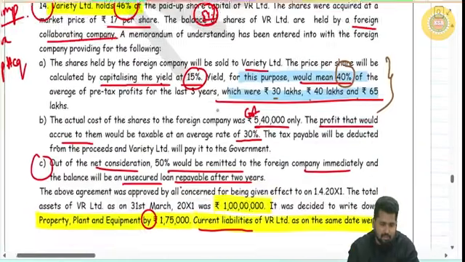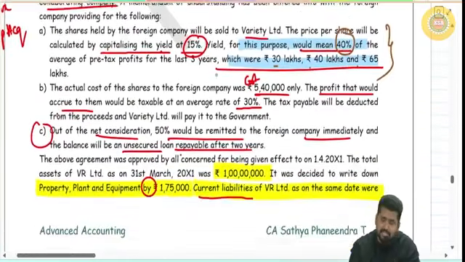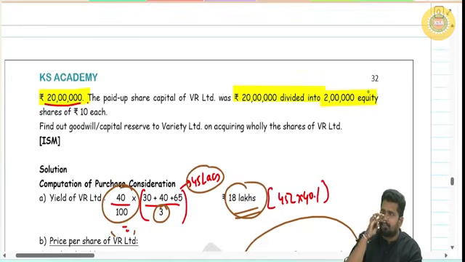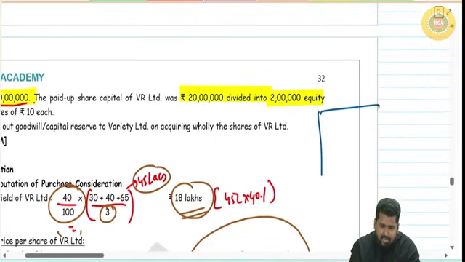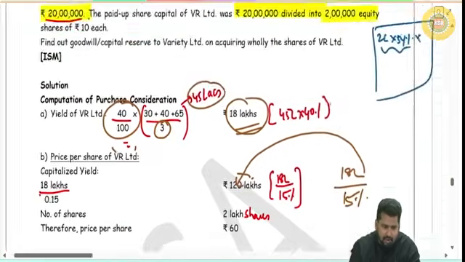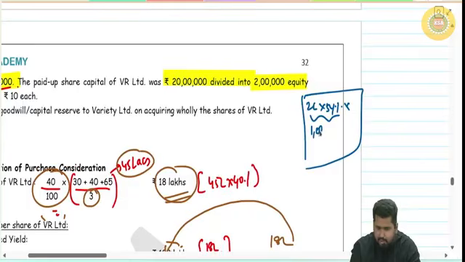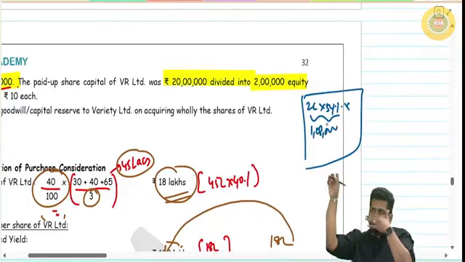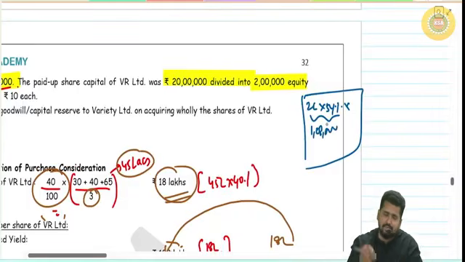We have to get how much percentage? 54 percent now, correct? For that 54 percent these people are entering into the agreement. So 2 lakh shares into 54 percent means the number of shares is 1,08,000 shares yet to be received. We have to purchase from that foreign collaborator to get control.